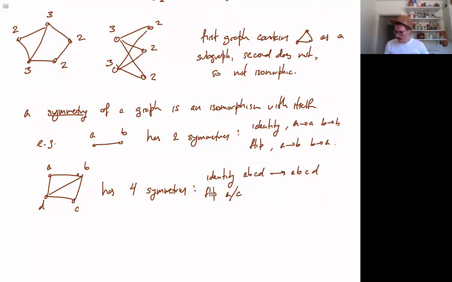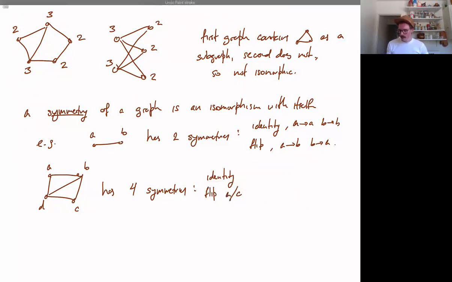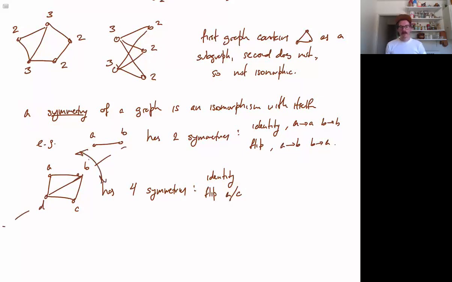Or yeah, let me not write these at all. I think that might not be illuminating. Let's just describe all the different symmetries. We can do nothing. That's the identity. We can flip A and C, which is flipping along this line of symmetry.